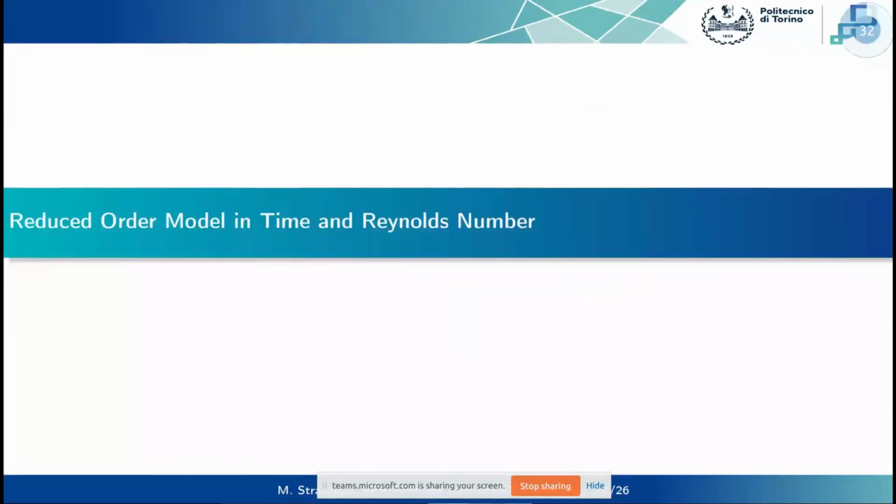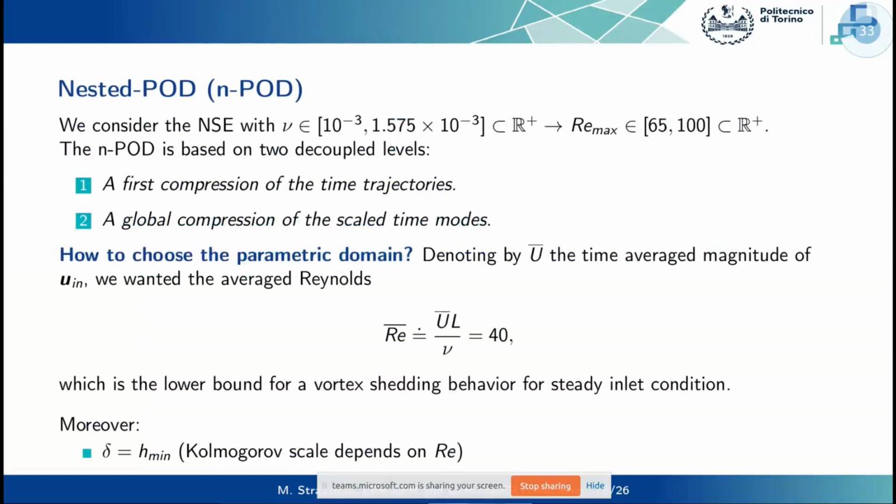The next step that we took was about model order reduction, but also in the Reynolds number. So now the kinematic viscosity is no more fixed, and we applied a nested POD to reduce the dimensionality of our system. What does it mean?